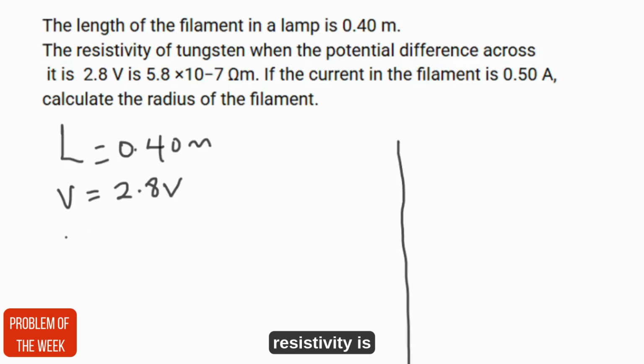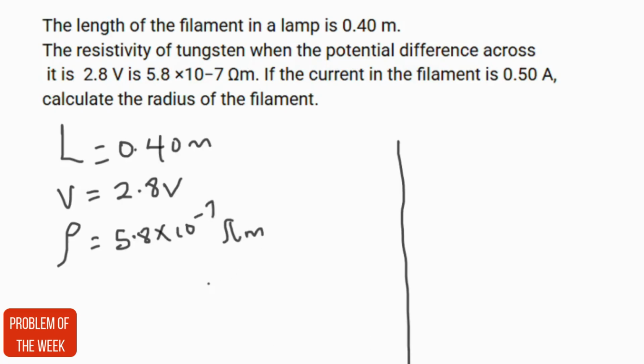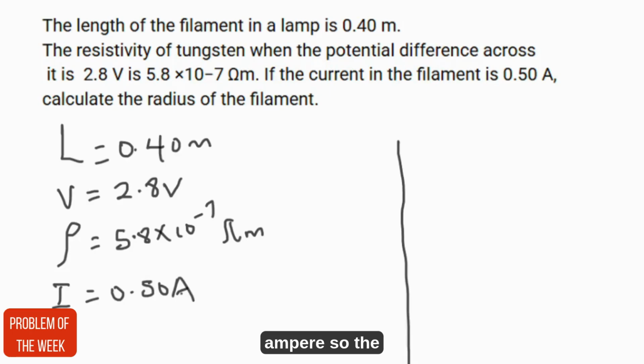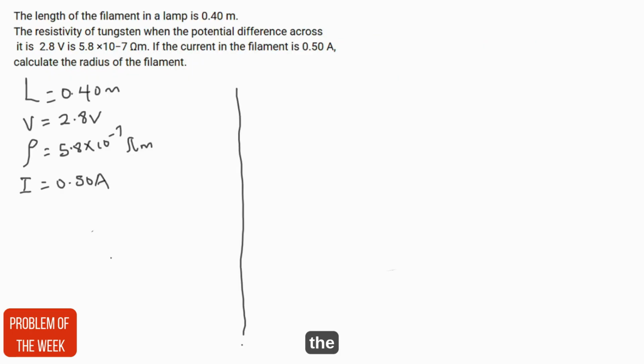The resistivity is given as 5.8 times 10 to the minus 7 ohm meter, and the current in the filament is given as 0.50 ampere. So the first thing we do here is to find the radius.